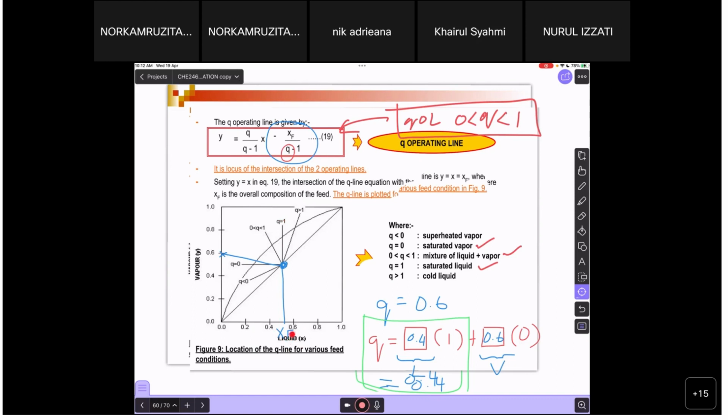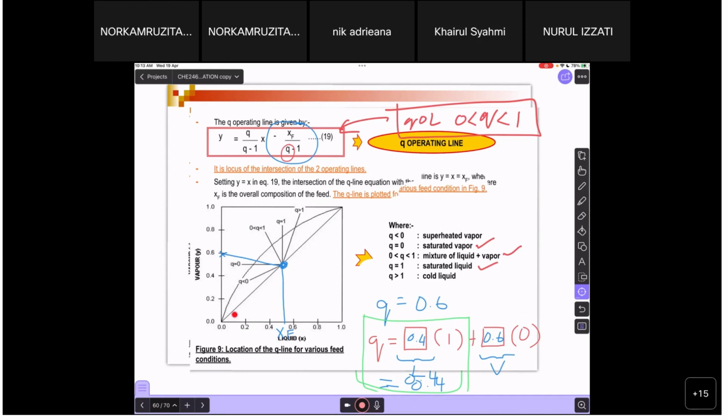Yeah, XFA. So it always begins at your 45-degree line. Q is at the feed, so it is based on the mole fraction of the feed. The enriching operating line is based on the distillate, so it begins from the distillate, and then the stripping line begins at the bottom.